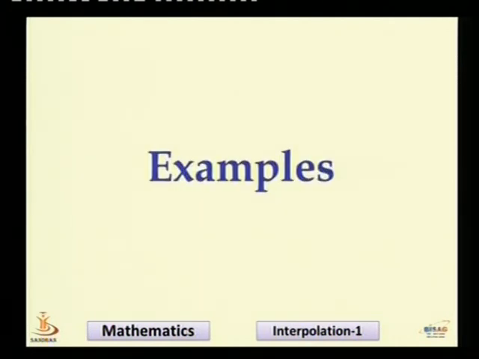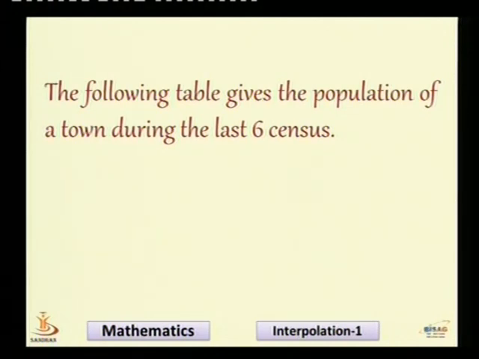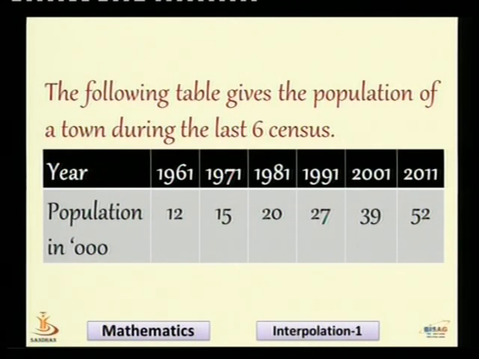Now let us take an example. The following table gives the population of a town during the last 6 census. A tabulated value for the years 1961 to 2011 is given to us. We see that we have got a table of 6 points.